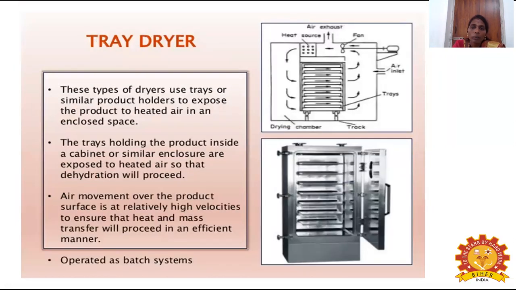Tray dryer. This is the tray dryer. It looks like a small tray. These types of dryers use trays or similar product holders to expose the product to heated air in an enclosed space.